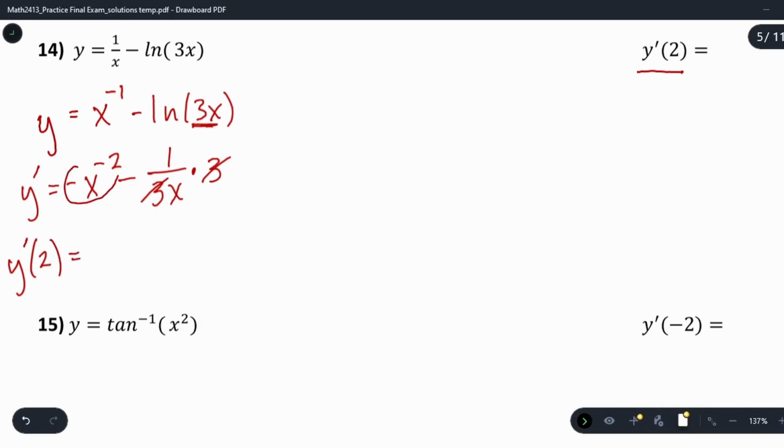I'm going to put this back into fraction form. So that'll be 1 over x squared, but x is 2, minus 1 over x, again x is 2, which will give us negative 1/4 minus a half, or negative 3/4.